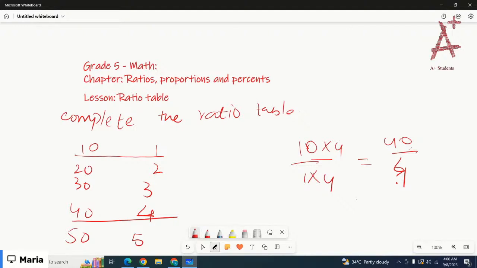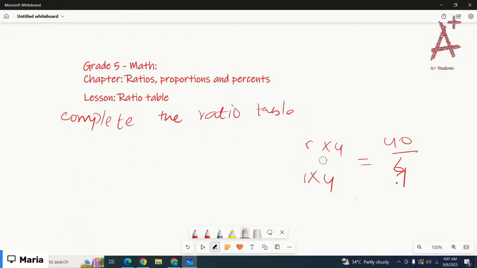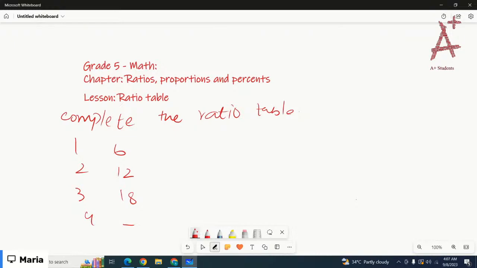Okay, the next one is complete the ratio table, and the table is 1, 6; 2, 12; 3, 18; 4, missing number; and 5, 30. So how do you complete the table? Let's just make a ratio of the very first values in the table, right?